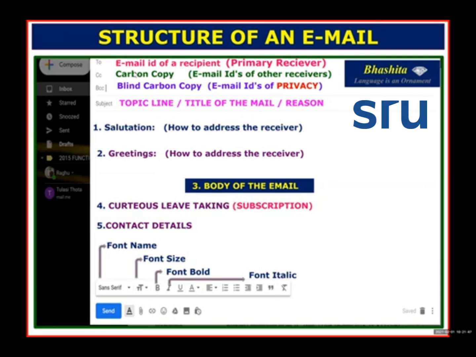Now we will move on to the body of the mail. So what is the body of the mail? The body of the mail, my dear students, is going to start with a salutation. What does salutation mean? The polite way of addressing the receiver is called a salutation.